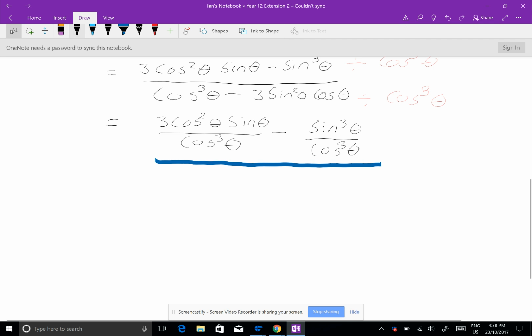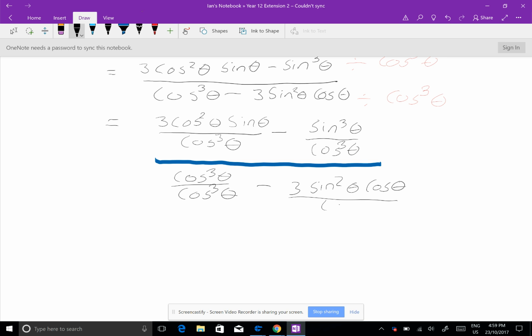Now let's do the bottom part. I've got cos cubed theta over cos cubed theta minus 3 sine squared theta cos theta over cos cubed theta.